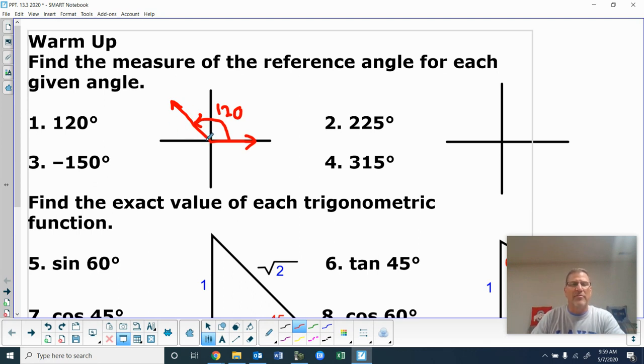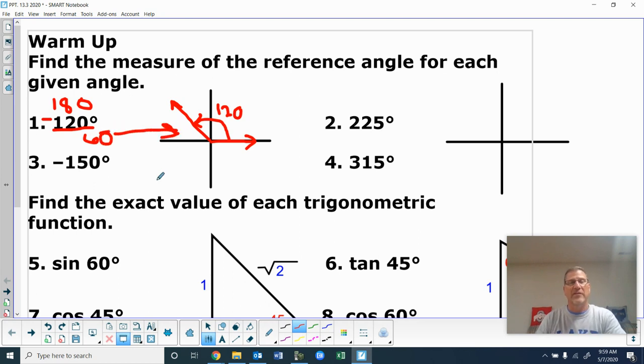From here to straight up is 90, and from here halfway around would be 180. So basically, we're going to do 180 minus 120, and that'll give us 60.